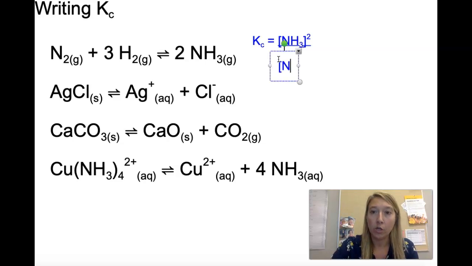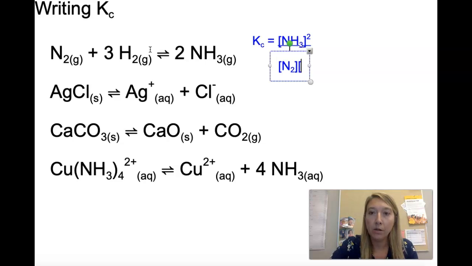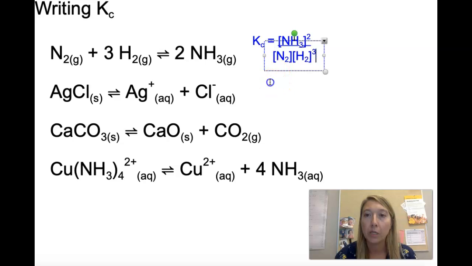So the concentration of N2 doesn't go to the power of anything because it was balanced with a 1. Then times the concentration of H2, which we are going to cube because it was balanced with a 3 in our equation. So for that one, Kc equals the concentration of ammonia squared divided by the concentration of nitrogen and the concentration of hydrogen cubed.